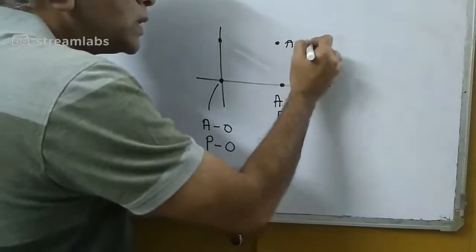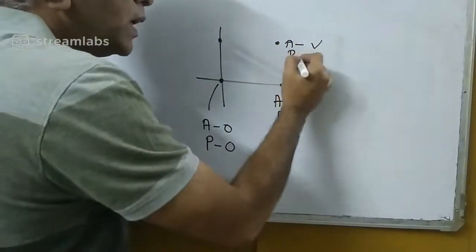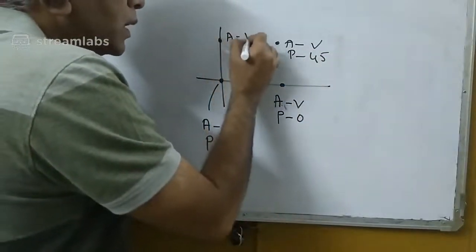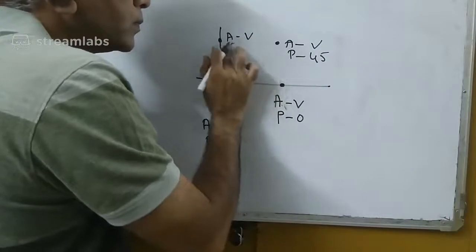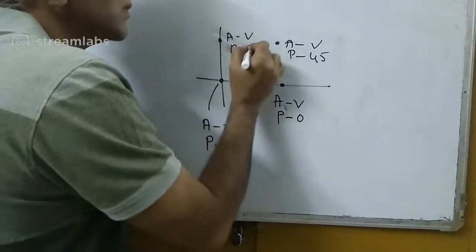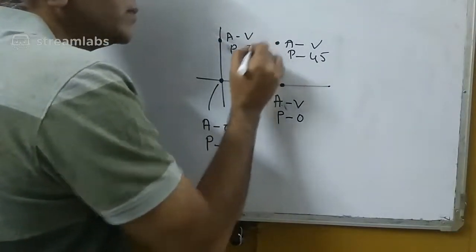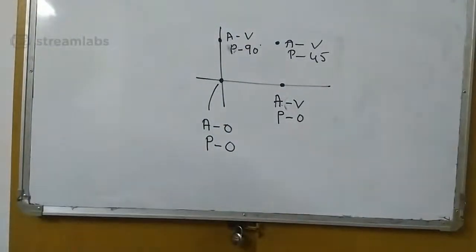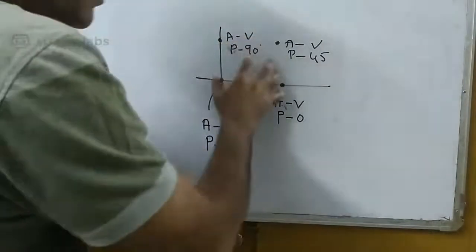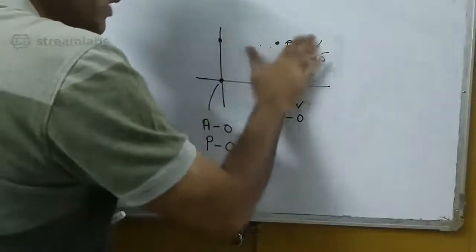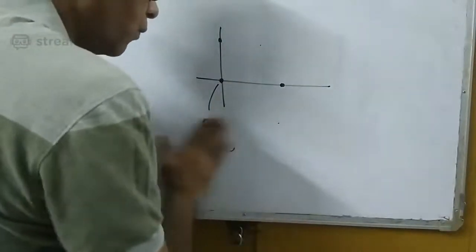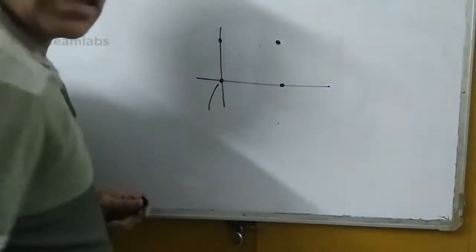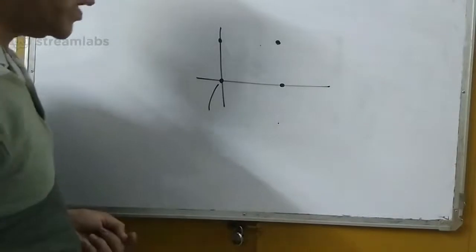Here the amplitude is V and phase angle is 45 degrees. Here the amplitude is V, phase angle is say 90 degrees. So like this, I have four components with different phase angles and different amplitude values.